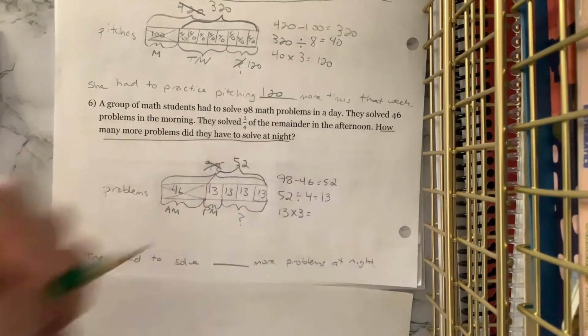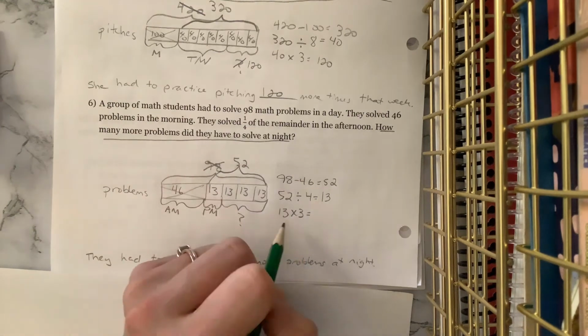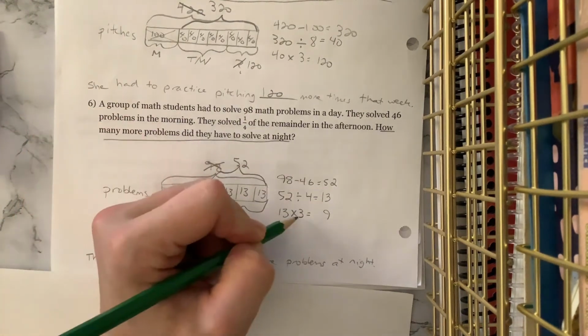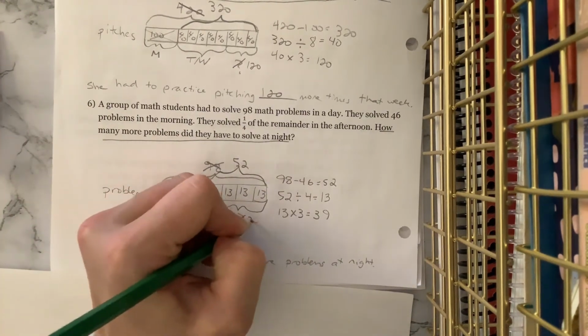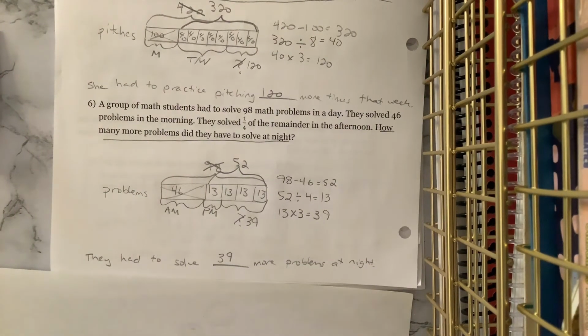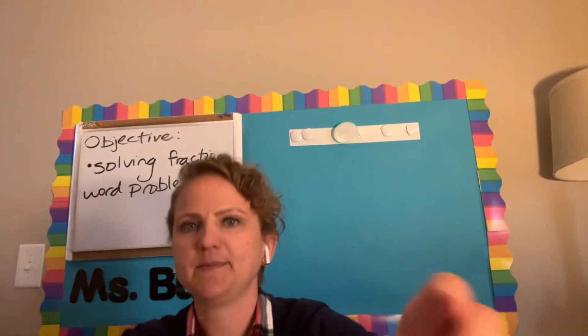By 3, which when we multiply a 13 by 3, we can actually just break this into tens and ones, right? 3 times 3 ones is 9 ones. 3 times 1 ten is 3 tens, so 39. How many problems did they have to solve at night? 39 problems.